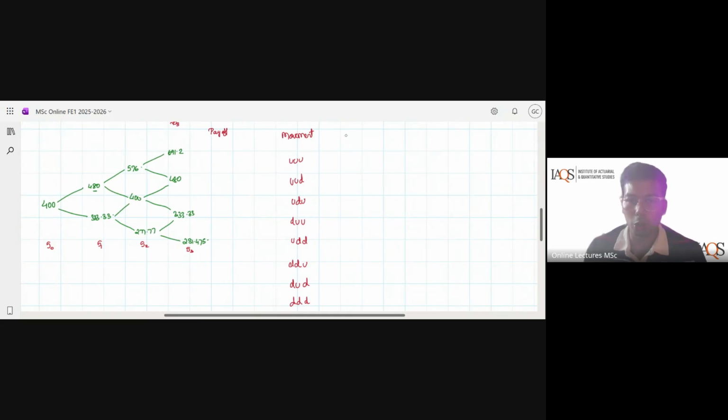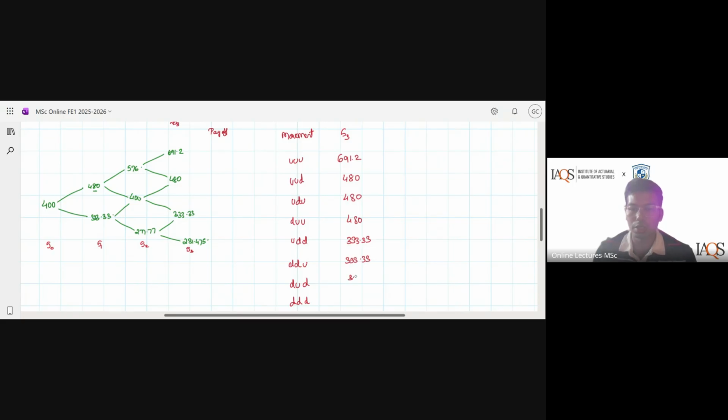Let's put the spot also beside. So let's write S3. If all three up moves, I know the spot price is 691.2. If two up moves and one down move, it's 480. Up move, down move, up move, I know it's 480. Down move, up move, up move, I know it's 480. In two down moves, I know the S3 is 333.33.